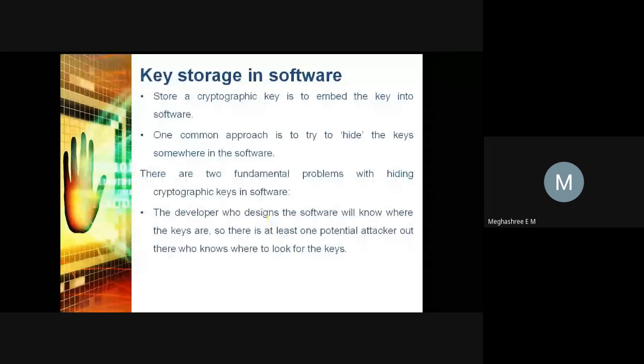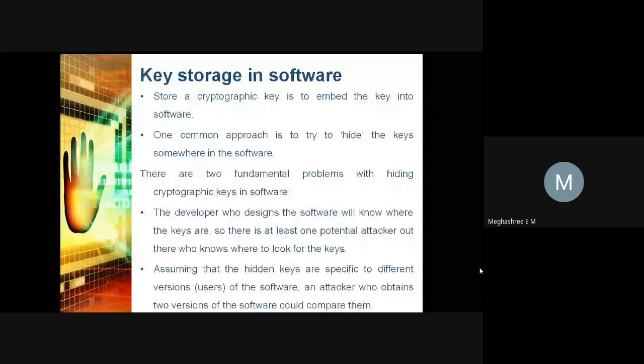One is that the developer who designs the software will know where the keys are. The next one is, assuming that the hidden keys are specific to the different versions of the software, an attacker who obtains two versions of the software could compare them.